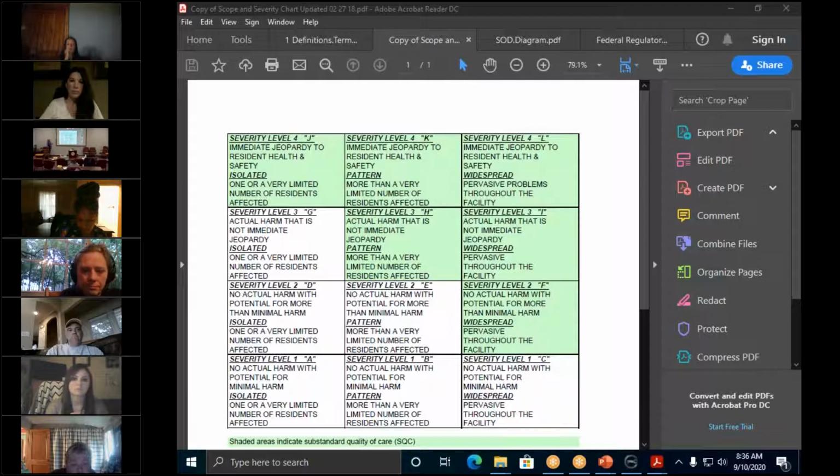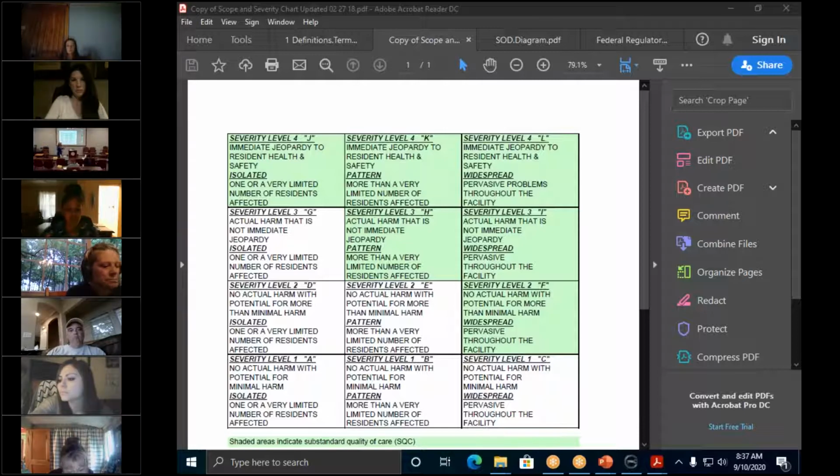The first thing I want you to look at real quickly is the scope and severity grid. The scope and severity grid is important to long-term care because when you receive your deficiencies, hopefully you don't get any, right?